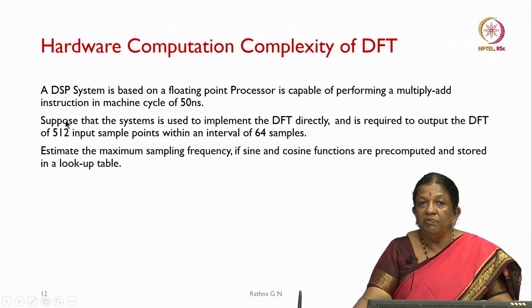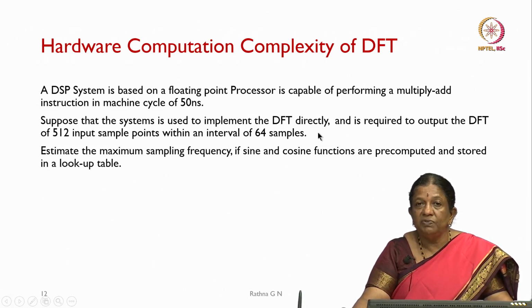Next, suppose that the system is used to implement the DFT directly and is required to output the DFT of 512 input sample points within an interval of 64 samples. That is, chunks of 64 samples are going to come out.